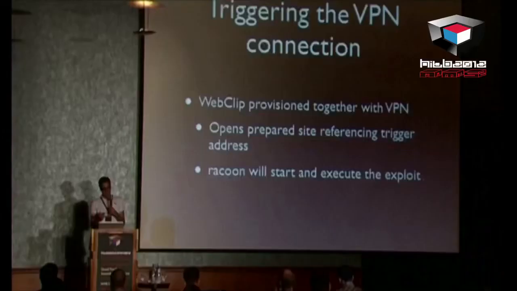So it wasn't actually loading any image, but this is the defined triggering URL. So if you open this web page, this would just trigger Raccoon to start the connection. And since we prepared the configuration of Raccoon with the exploit payload, this would just execute the exploit chain.